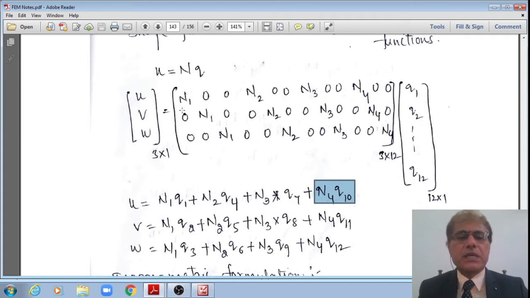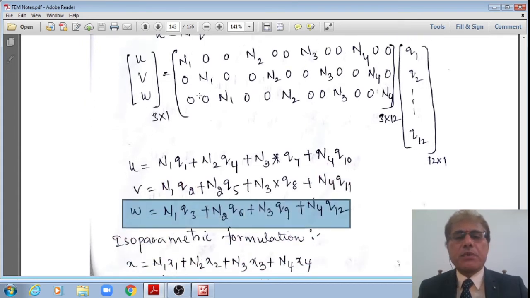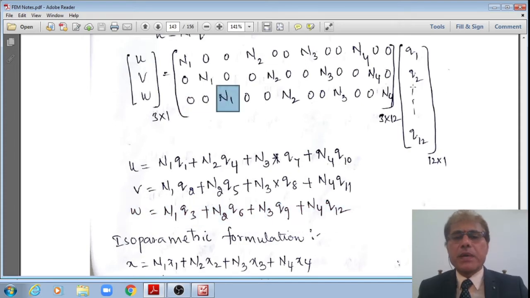Likewise, you can see that v is given by 0 multiplied by q1, and N1 multiplied by q2, 0 multiplied by q3, so on and so forth, plus N4 q11, and lastly the displacement w is 0 multiplied by q1, 0 multiplied by q2, but N1 multiplied by q3, plus so on and so forth up to N4 multiplied by q12.